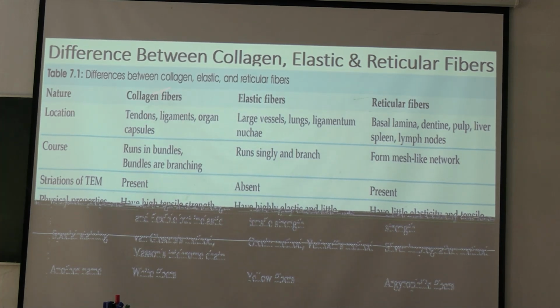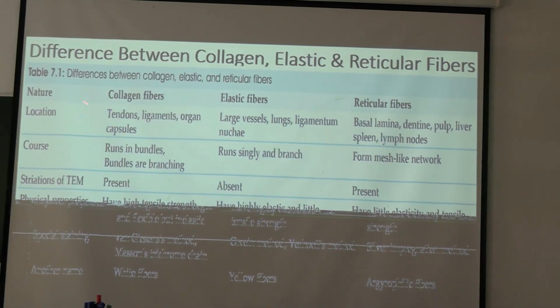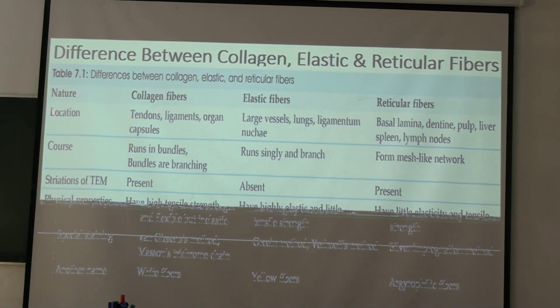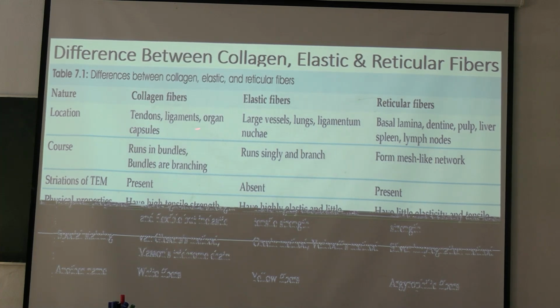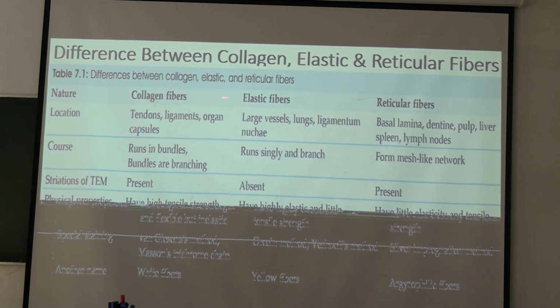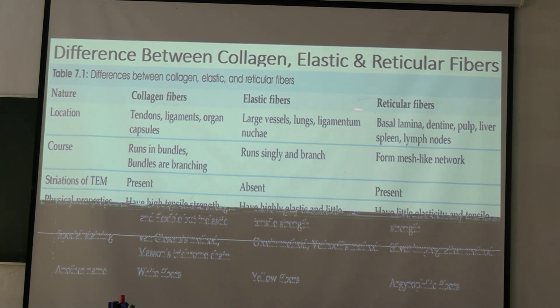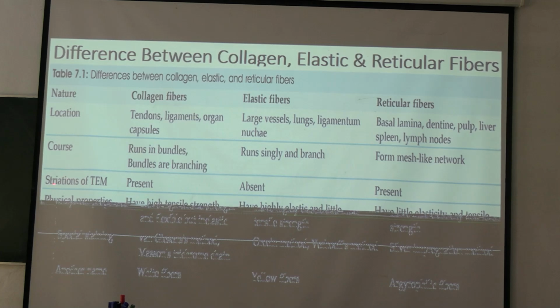So these are the differences between the 3 types of fibers. Their location: collagen fibers are located in tendons, ligaments, organ capsules. Elastic fibers are located in large vessels, lungs, ligamentum nuchae. Reticular fibers are located in basal lamina, dentine of the teeth, pulp, liver, spleen, lymph nodes.